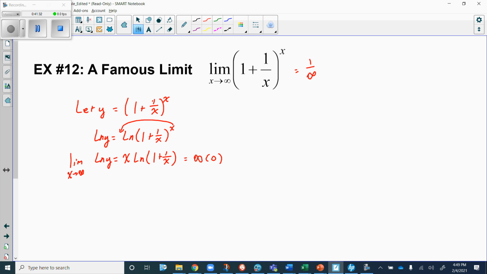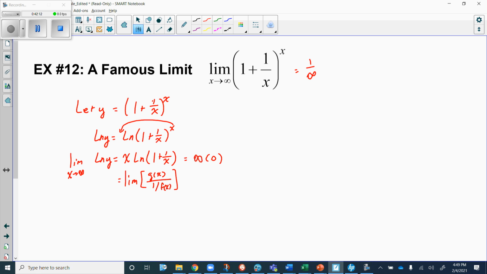So I'm going to rewrite this, because here we have the product of infinity times 0, or 0 times infinity. This is where we're going to take the ratio of the two functions. So in this case, I'm going to take the limit of both sides. I'll say the limit of g of x over 1 over f of x, like we did in some of the other expressions.